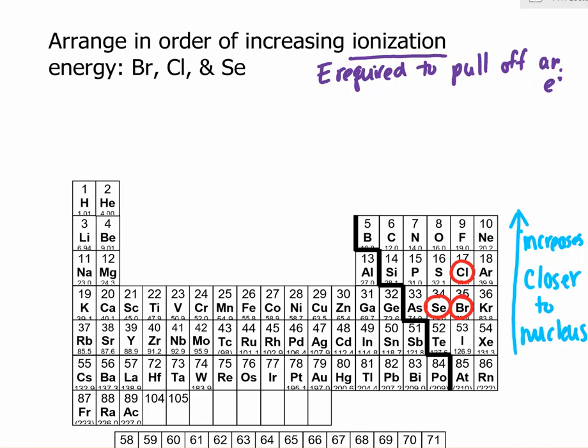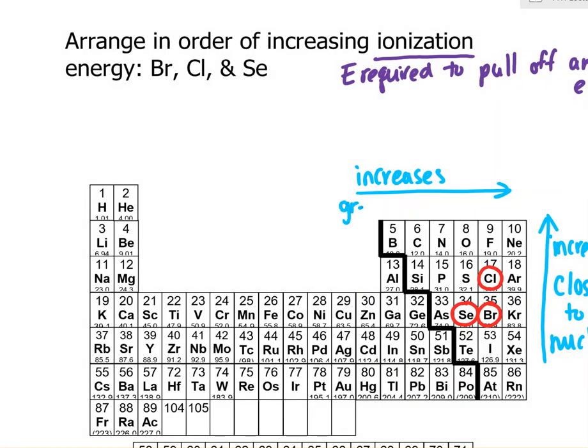And then the trend increases going to the right, because of the greater effective nuclear charge. And the easy way to think about it is more protons, right?